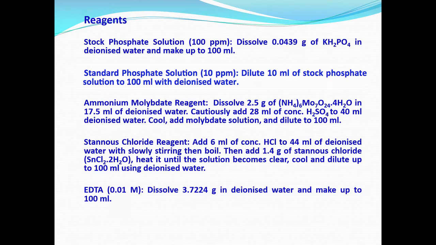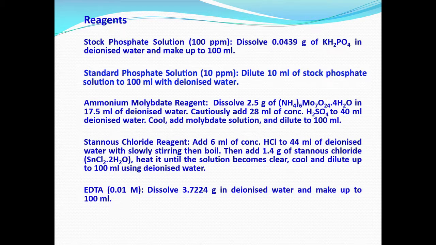Stannous chloride is another important reagent, which is a reducing agent. You have to dissolve stannous chloride in concentrated HCl, and slowly stir and boil, etc. This is a little tricky part. If you do not have very good stannous chloride, you will end up with a little bit of difficulty. Therefore, I suggest you practice it 2-3 times on smaller volumes and see whether you get clear solutions.